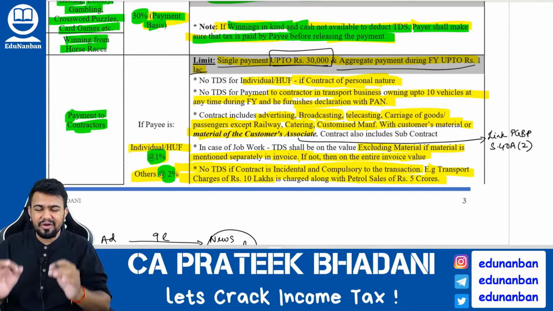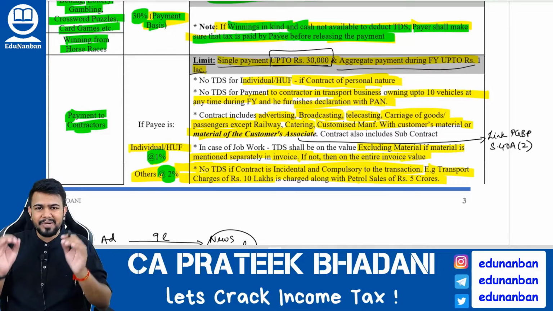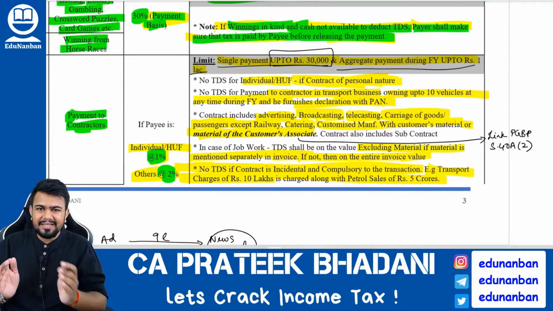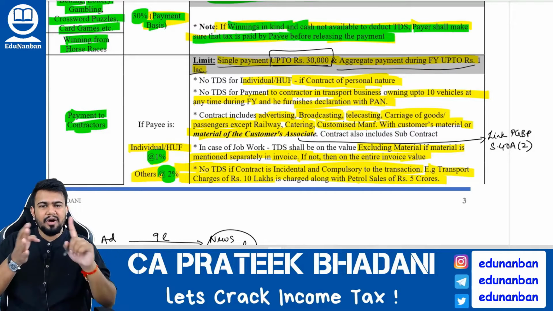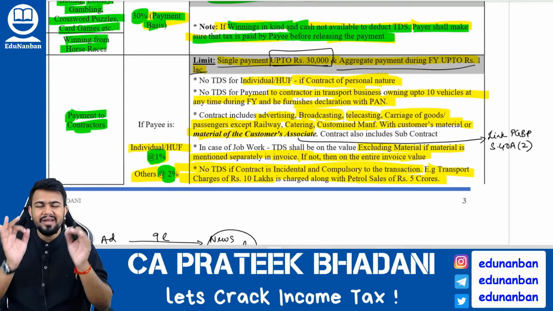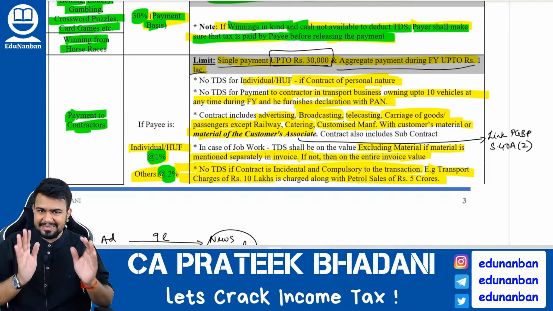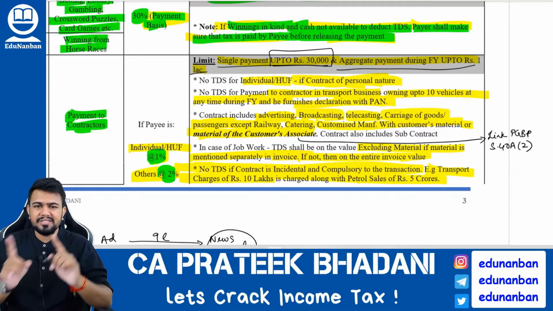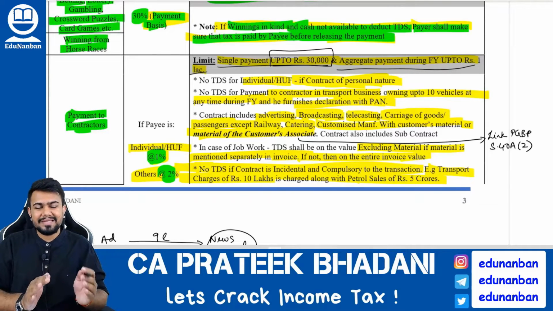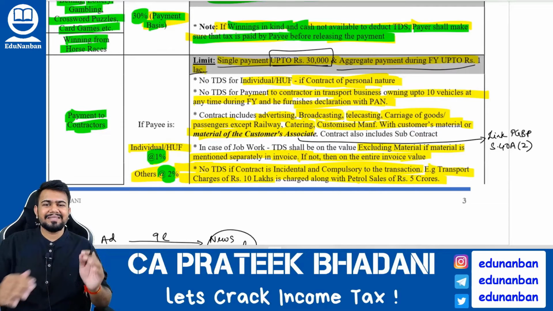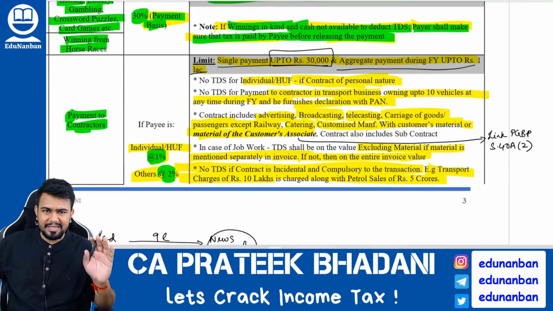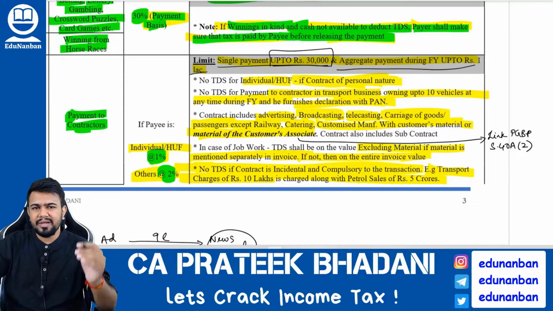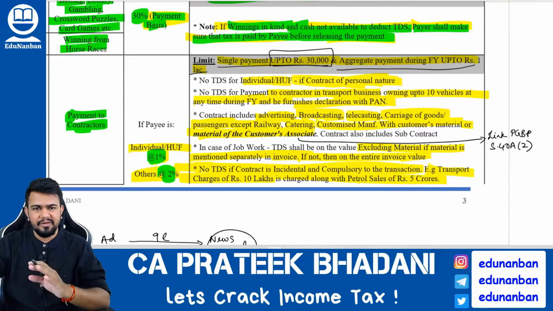Hence, in case of 194C, if the person deducting is an individual, HUF, AOP or BOI, and their turnover or gross receipts is up to 1 crore or 50 lakhs in the preceding previous year, then they need not deduct the TDS.